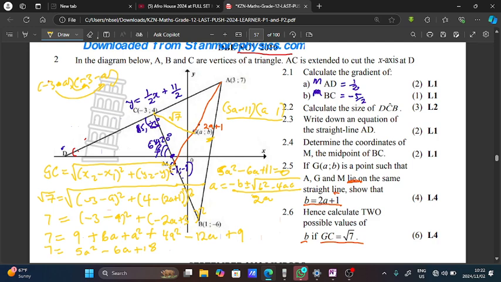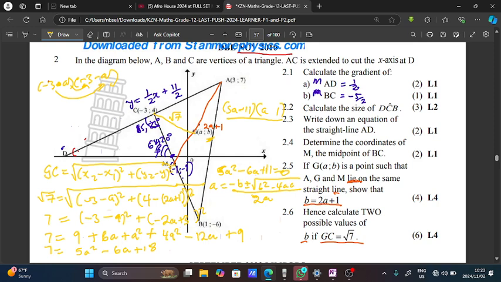Can we check what went wrong? Let's check what went wrong. Here is fine, negative 3 minus a is fine, 4 minus 2a plus 1, that was the b, and then minus 2a, and then plus 3.